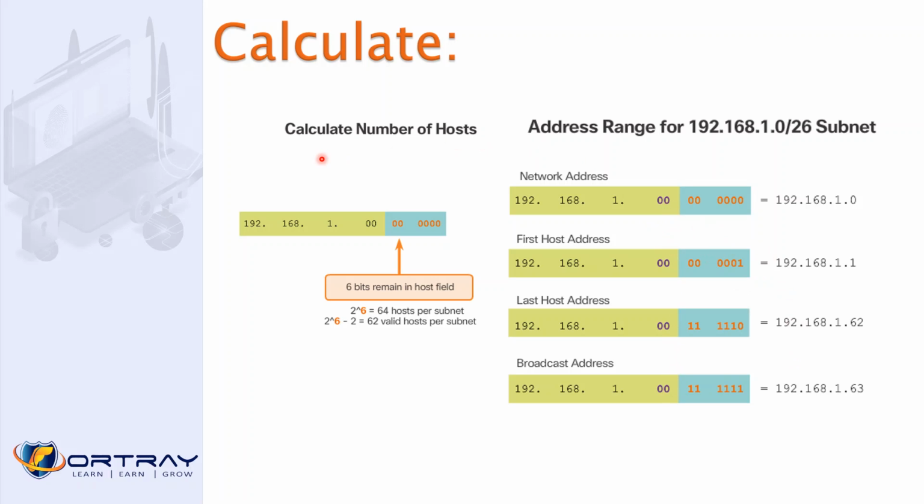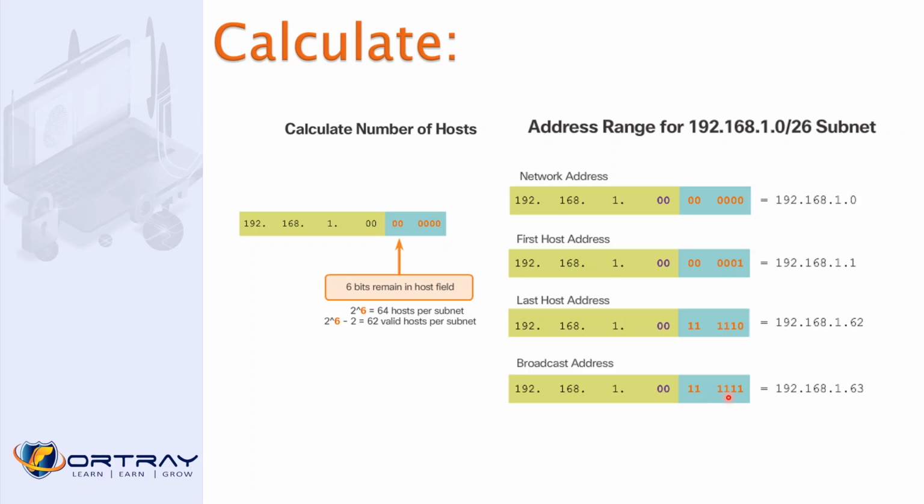Calculate the number of hosts. There are now 6 bits remaining. 64 minus 2 will be 62 hosts. That's clear? Then this is the network address. First IP will be 1.1, and then this is the network now, 62. The broadcast IP will be 63 when the host portion is all 1s.